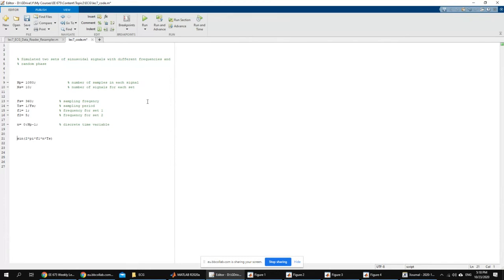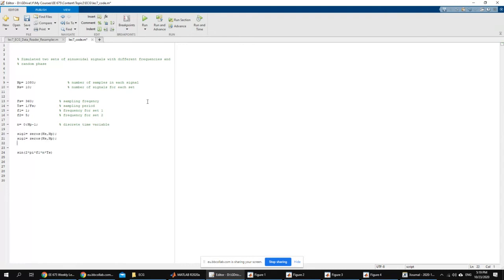Okay, let's continue. I need to generate 10 signals, each one having a number of samples like this. So let's generate arrays so that we can put the data in them. I'm going to have zeros of NS by NP, which generates an array of NS times NP so that I can store the data in it.